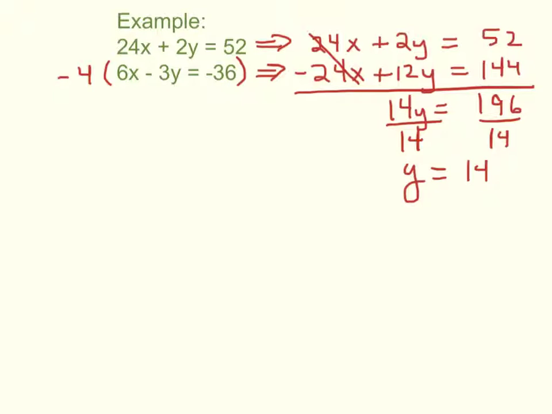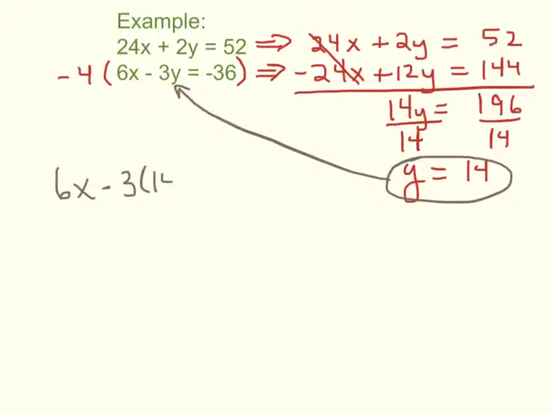So now that I've got y, I take what y equals, and I'm going to plug this in for y in one of my equations. I'll plug it into this bottom equation. So I'm going to have 6x minus 3 times 14 equals negative 36. 6x, 3 times 14 is 42, minus 42 equals negative 36.